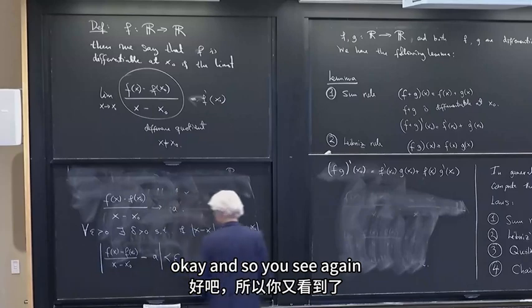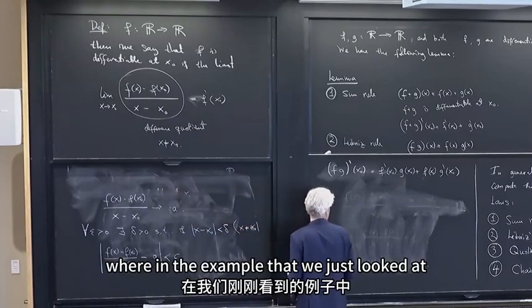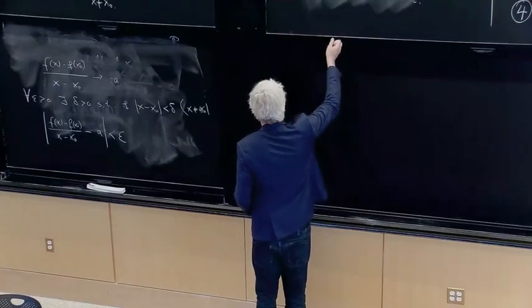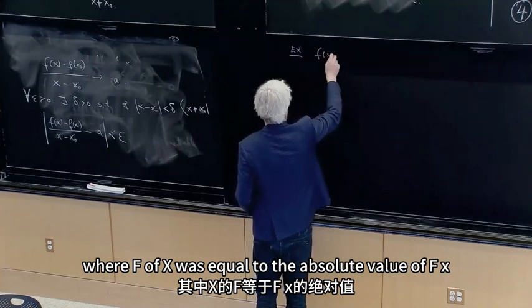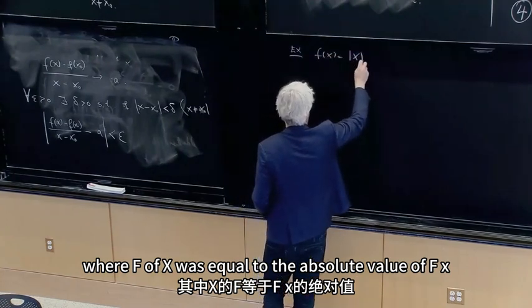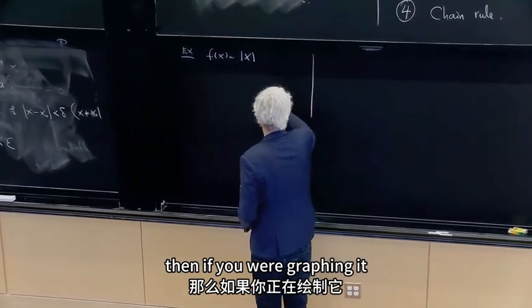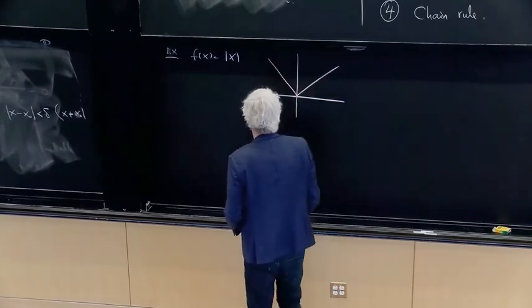Okay, and so you see again in the example that we just looked at, where f of x was equal to the absolute value of x, if you were graphing it, it looks like this, right?